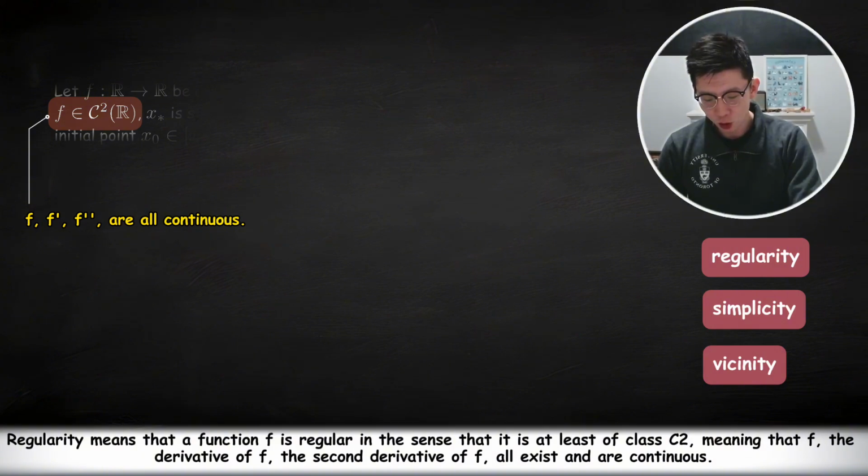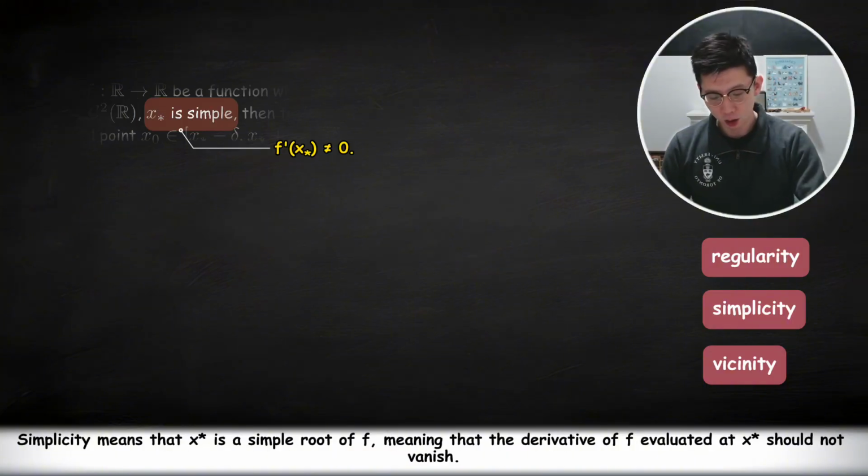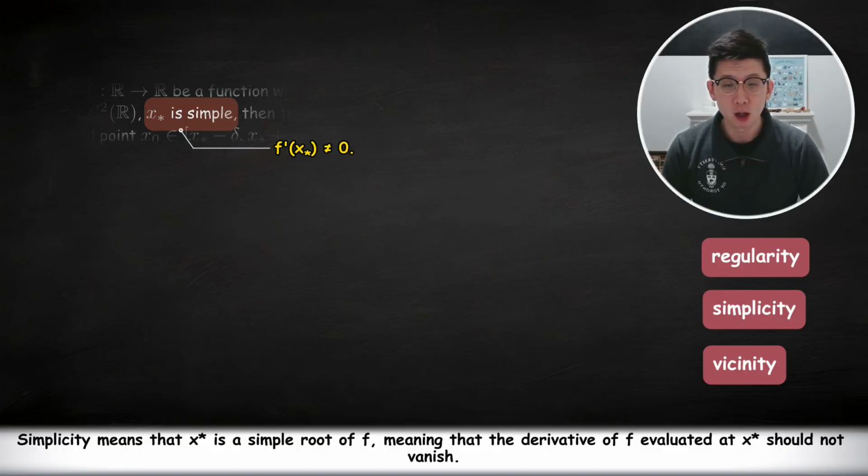Regularity means that a function f is regular in the sense that it is at least of class C2, meaning that f, the derivative of f, and the second derivative of f all exist and are continuous. Simplicity means that x star is a simple root of f, meaning that the derivative of f evaluated at x star should not vanish.